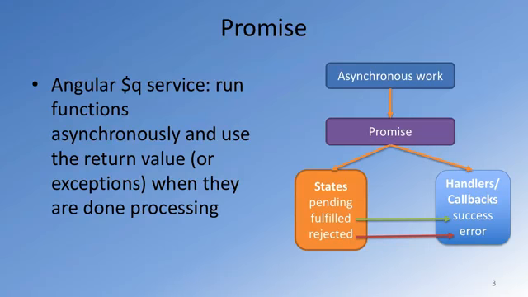Depending on whether the promise ends up in the fulfilled state or the rejected state, you can have two different callback functions being executed. So one would be, we could call it a success function, meaning that the promise was properly fulfilled. Then you would execute that function.